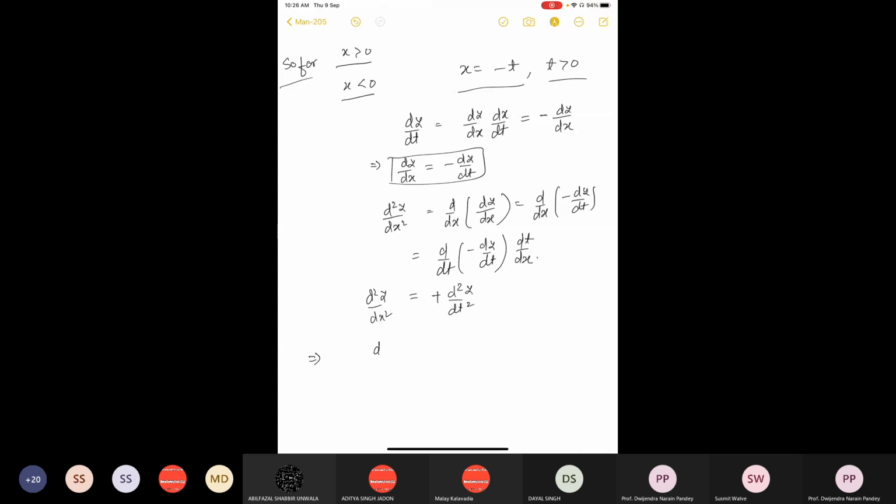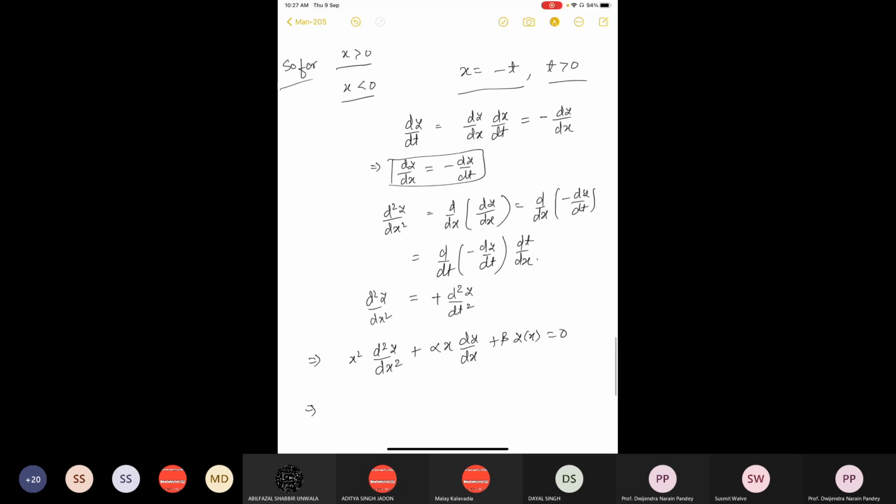that is t. So I can write d2y by dx square, x square here, plus alpha x dy by dx plus beta y of x equal to 0. Now I'm just changing the independent variable. Now in place of x, I'm writing t here. So we can write x equal to minus t.